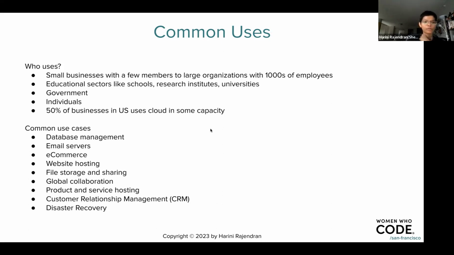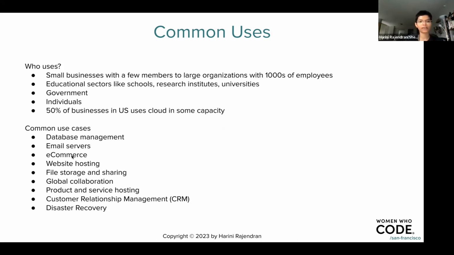And some of the common use cases are database management. Like I was just talking about Elasticsearch, right? You don't run Elasticsearch, or for that matter PostgreSQL or anything, on-prem. Rather, you just use it as a service in the cloud. A very common, well-known example is email servers. We all just use email like Gmail, Yahoo, whatever is provided as a service in the cloud.